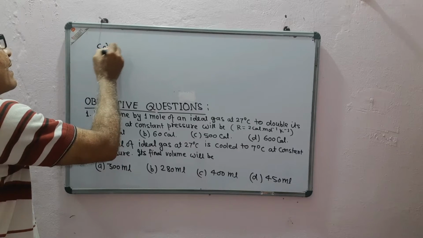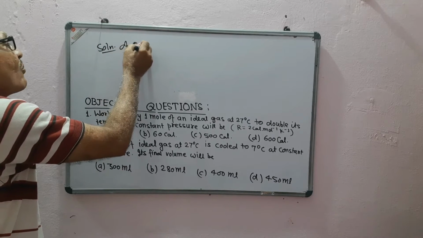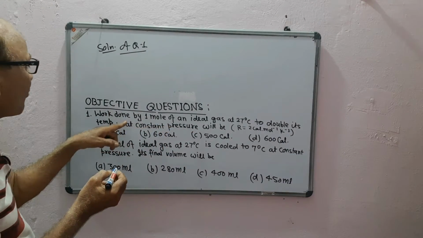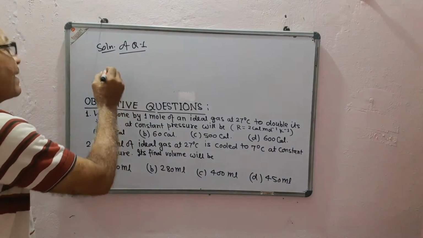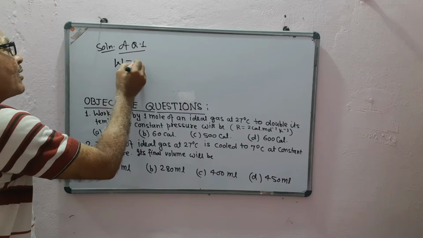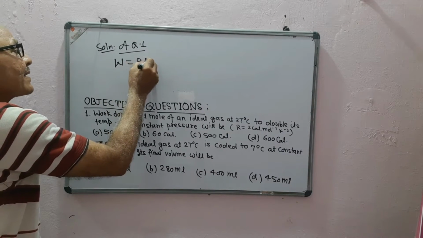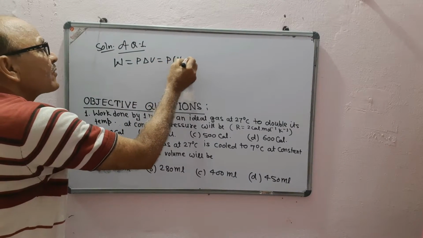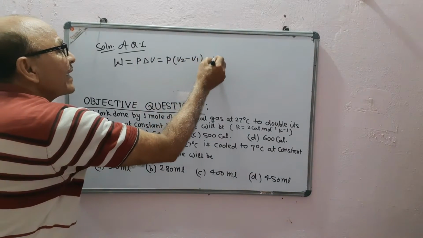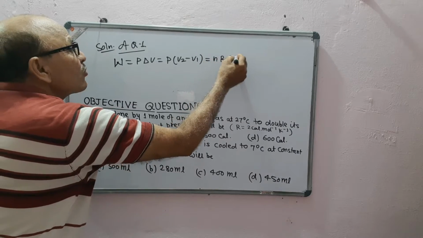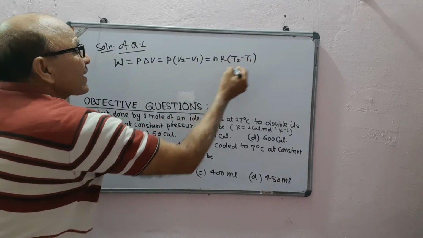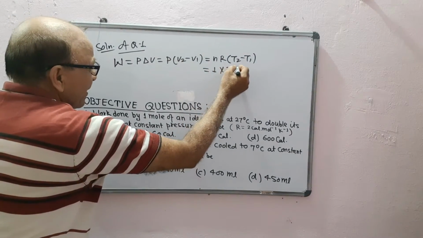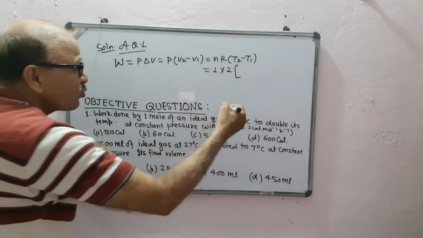Solution of question 1: you have to calculate the work done. W is equal to P delta V, which is P(V2 minus V1), which is nR(T2 minus T1). Here n is 1, R is 2 and T2 is 2T1.